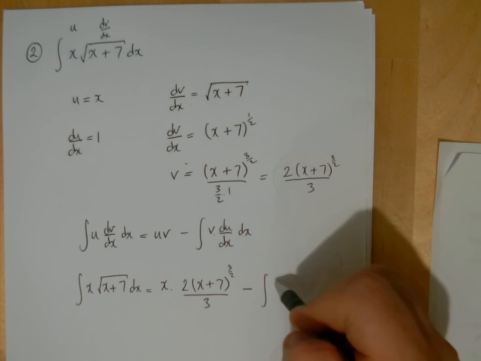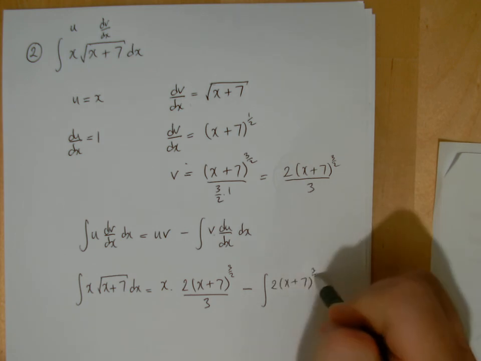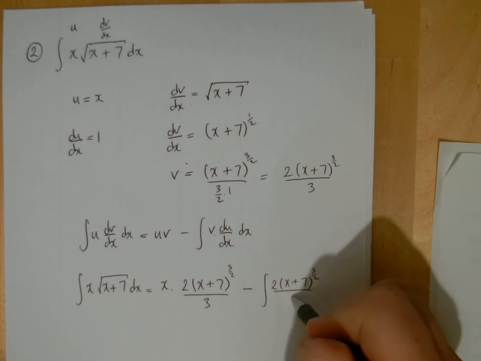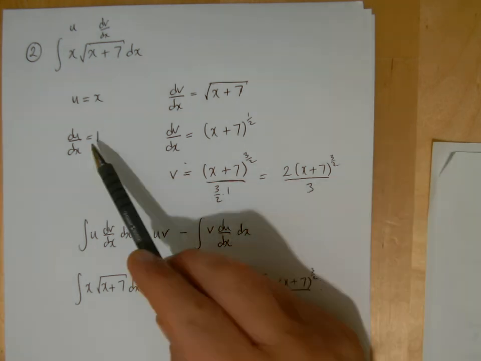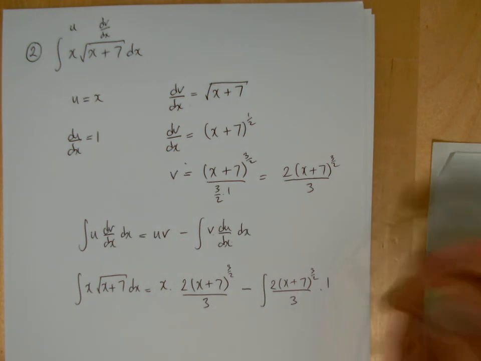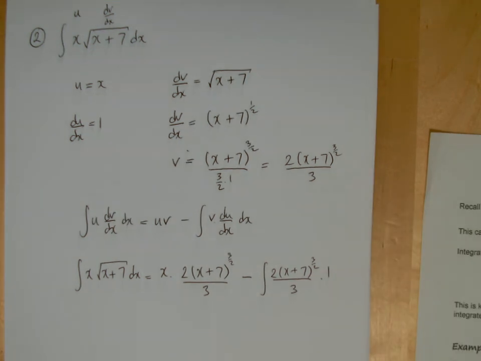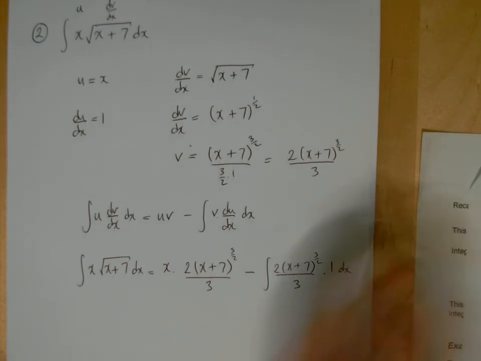So I'm going to write that again, times my du dx, which just like the last occasion comes out to be 1, which is quite nice. So I get, don't forget to write dx at the end. So I get this then.